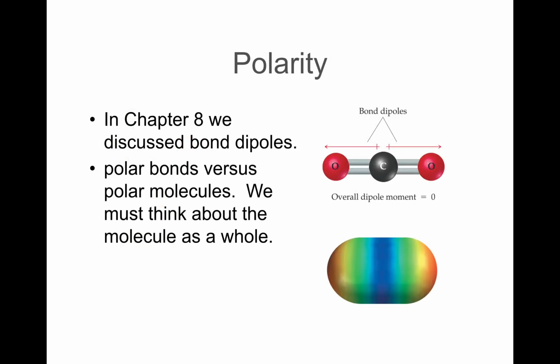Okay, polarity. We're going to talk about polarity a little bit later, but really, it focuses on the electronegativity of each atom in the bonds, and understanding that electronegativity is the ability for an atom to pull electrons. Different atoms are going to have different electronegativities, so they're going to have more or less pulling power.